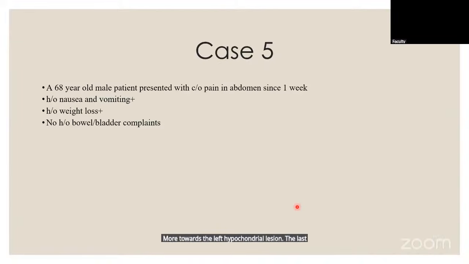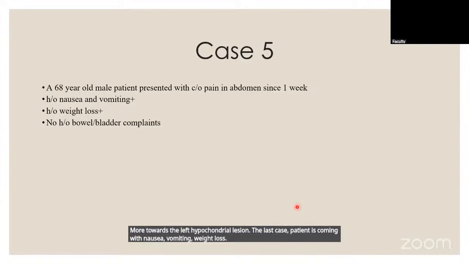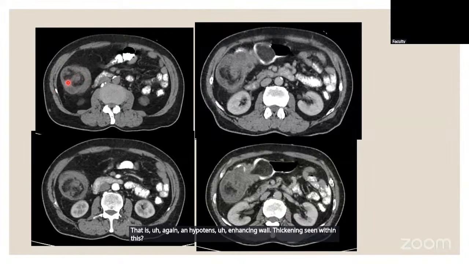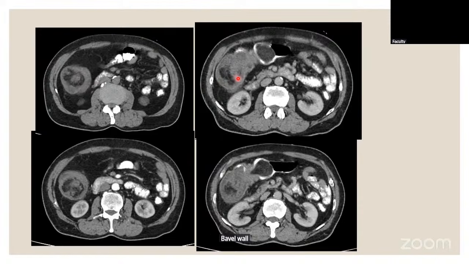The last case, patient is coming with nausea, vomiting, weight loss, abdominal pain. There is circumferential wall thickening, again a hypodense enhancing wall thickening seen within this bowel wall. And if we trace it, we are seeing fat density content within the lumen associated with polypoidal enhancing content.